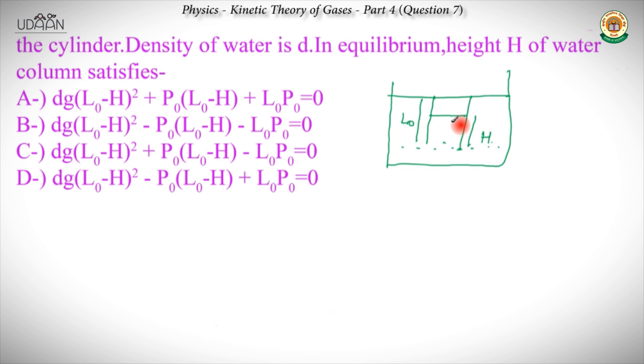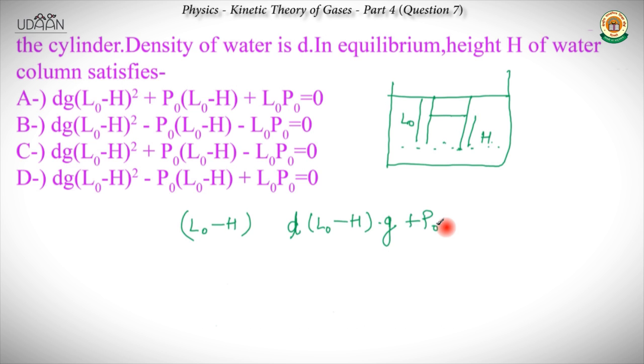First we find the pressure at depth L naught minus h. So the pressure at L naught minus h would be rho, that is our D density, into L naught minus h into g plus P naught.